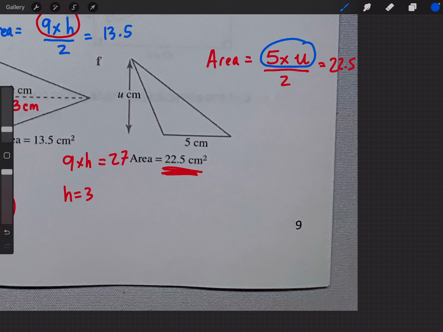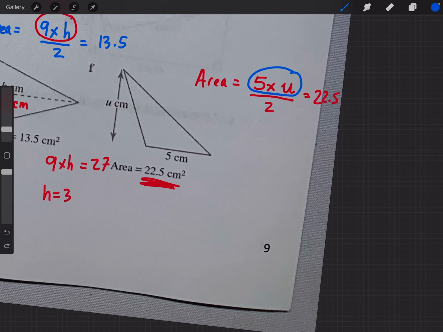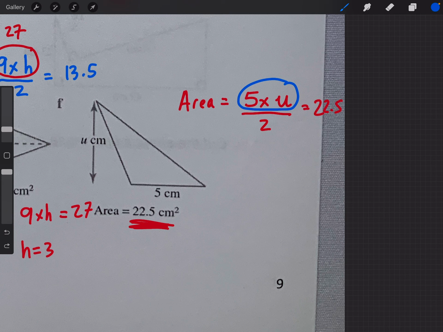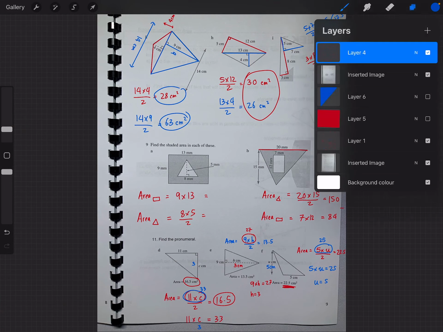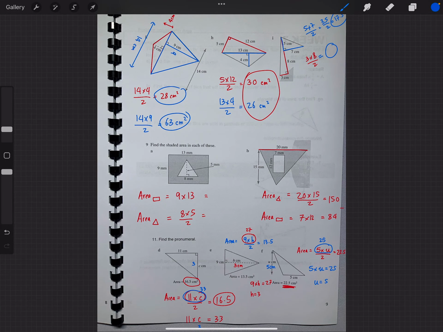So let's double 22.5 then. If you double it, you're going to get 45. So the top number must be 45. That means 5 times the letter u is equal to 45. So 5 times what is 45? u must equal 9. Okay, so therefore u is equal to 9 centimeters, and that's done. Is that the last one? Yes, it is. Okay, hope that helps.